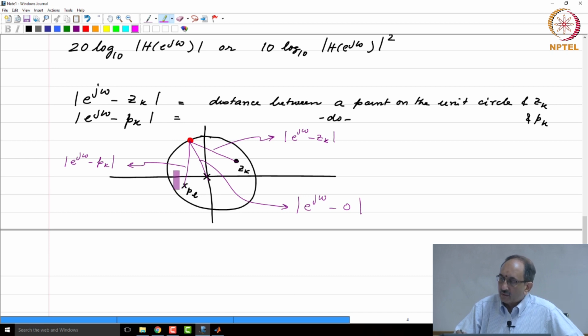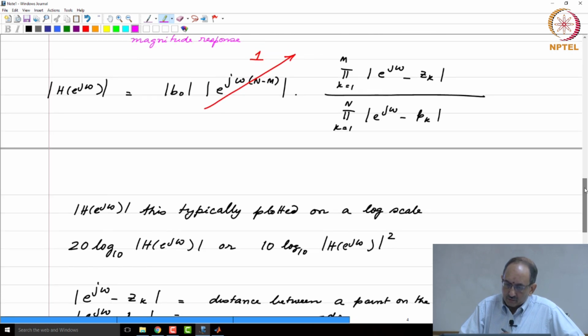So, this is one part. The other part is the geometric interpretation of this frequency response. Therefore, you see that this frequency response can be interpreted as wherever you are on the unit circle, you find the distance from that point on the unit circle to each and every 0, and then you take the product of all such distances.